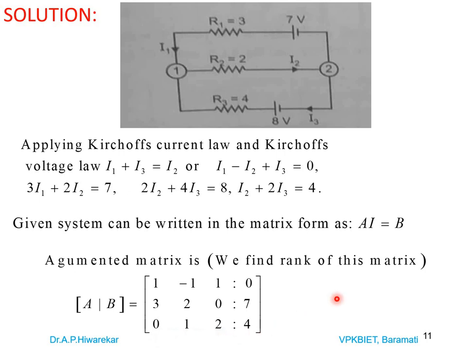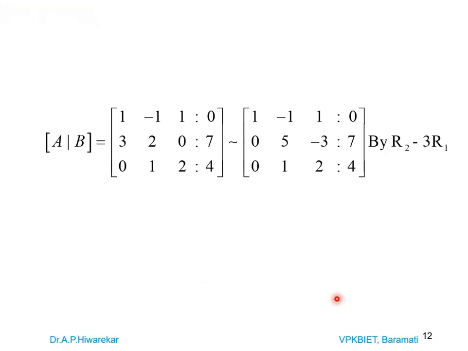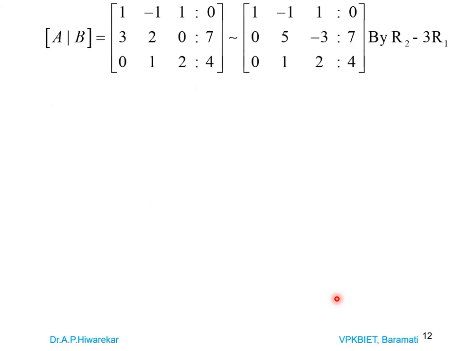We find the rank of this matrix. For that, we try to make every entry below the diagonal 0. So we have to make this position 0 as well as this position 0. So we first make this position 0. For that, we perform the operation R2 minus 3R1.